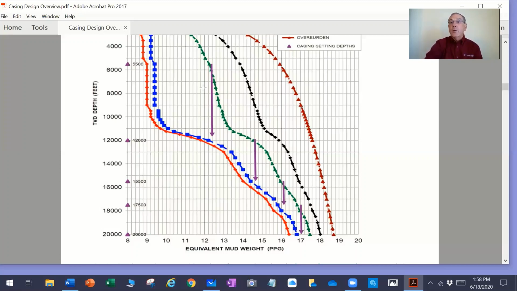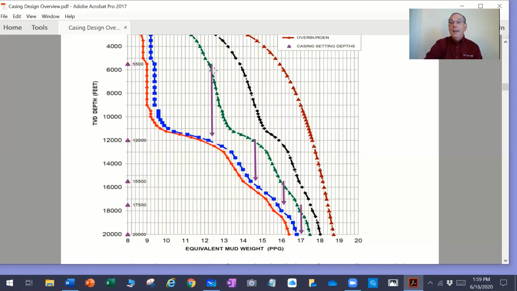There is nothing wrong with the earth. There's nothing wrong with the well. It's just a fact that the sand fracture gradient is less than the shale fracture gradient at the same pore pressure and the same depth. Whatever is the weakest rock is going to break, and this sand is going to break.